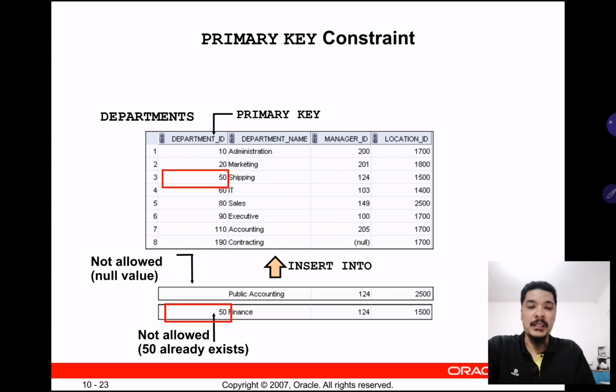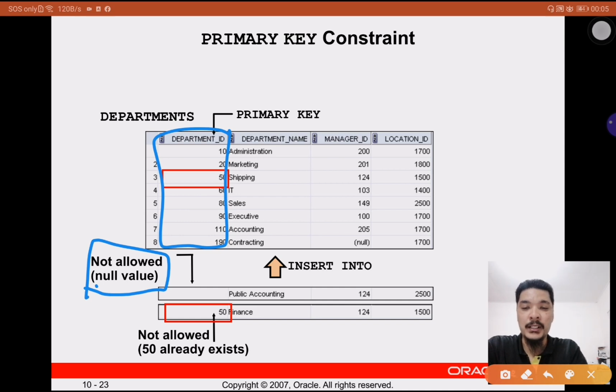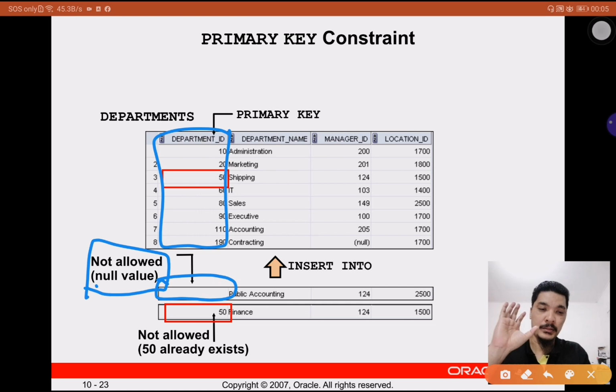Okay, primary key. This is quite simple. Primary key just makes sure that all the values inside this column are unique, and also they are not allowed to be null. If, let's say, you miss something here, the database will notify us.